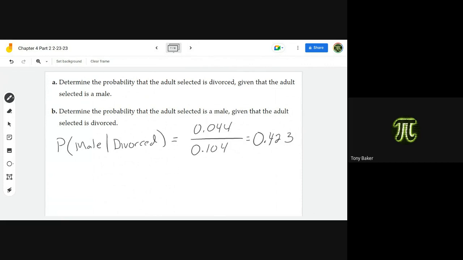They sound very similar. This goes back to wording and how you want to present your data. The first one says 9.1% of adult males are divorced. The second one says 42.3% of divorced adults are male.